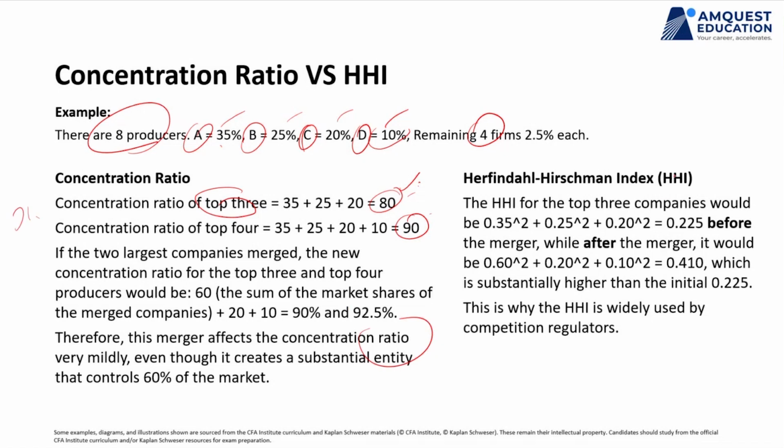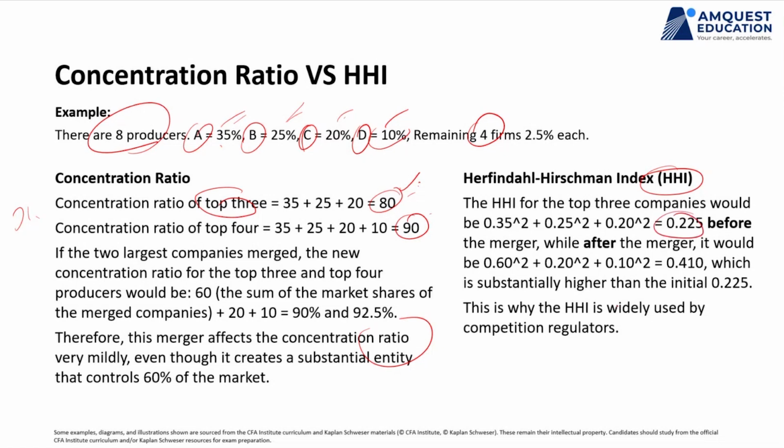Now this is more interesting, the index. In the index, you have to take the Herfindahl-Hirschman index for the top companies. Actually you can take it for all also. But if you look at the index, for the top firms you would take 0.35 squared, 0.25 squared, and 0.2 squared, right? So that comes to 0.225.